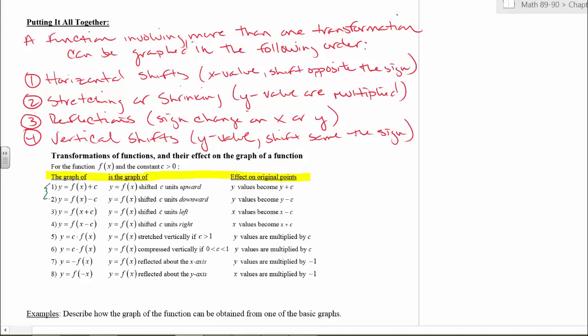So these 2 are your up-down shifts, your vertical shifts. These 2 are your horizontal shifts. These 2 are your stretching or shrinking or compressing, depending on if you are greater than 1 or less than 1. And then these are your reflections. And that just depends on if you're outside or inside.